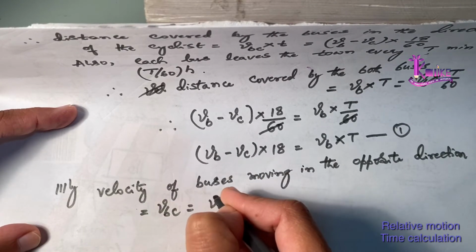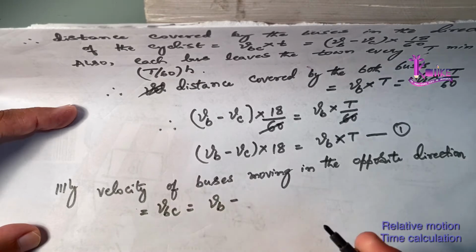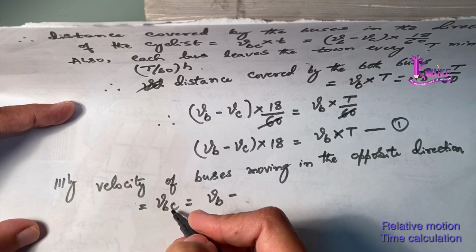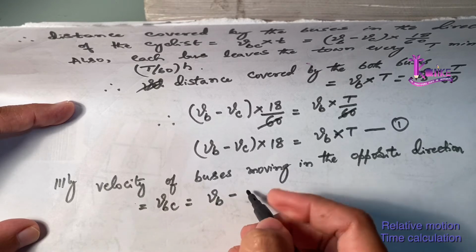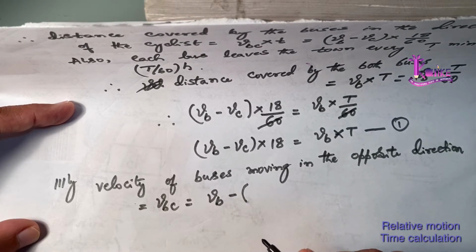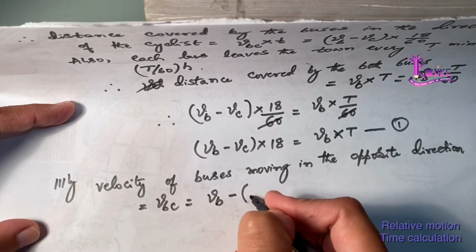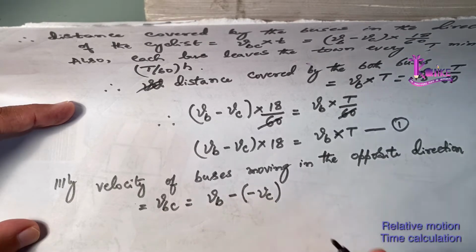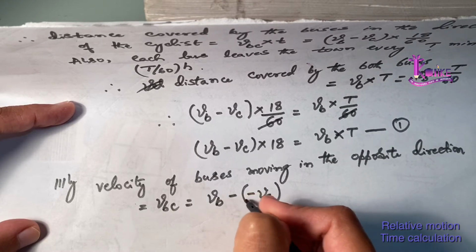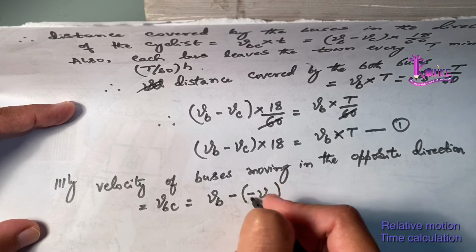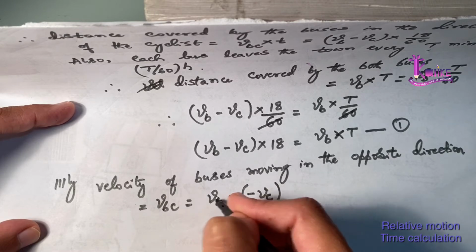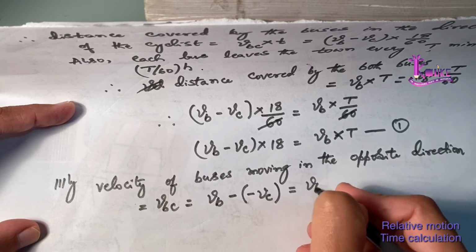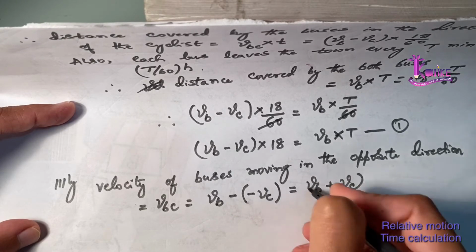So that is by definition VB minus of, now we know that these buses are moving in a direction opposite to the direction of the cyclist. So the velocity of the cyclist will now be written as negative. So this becomes VB minus of minus VC, letting us know that the bus and the cyclist are moving in opposite directions now. So this will be VB plus VC.